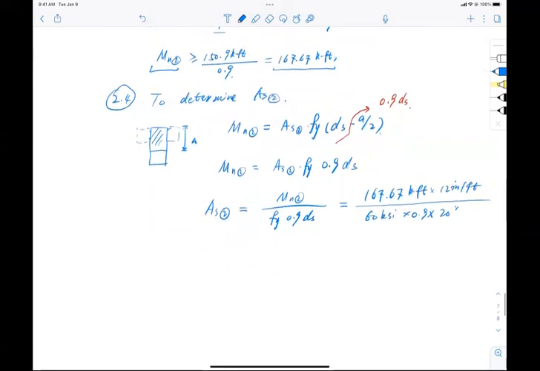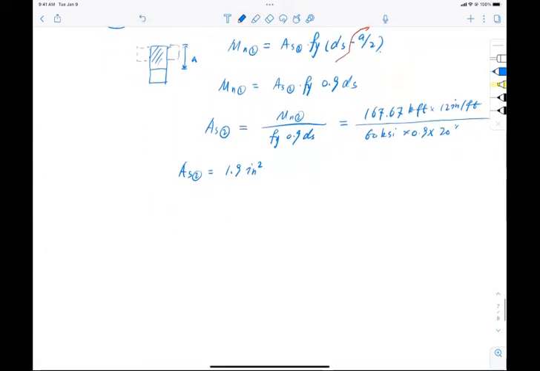With that, AS2 turns out to be 1.9 inch squared. That is how much I have for the web.